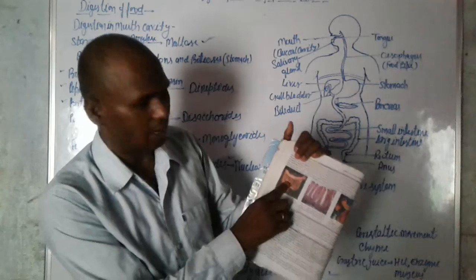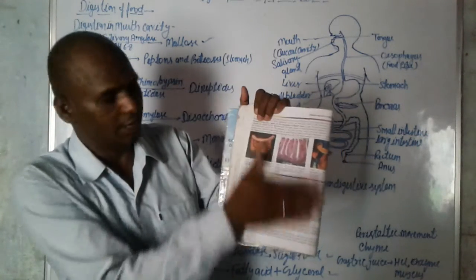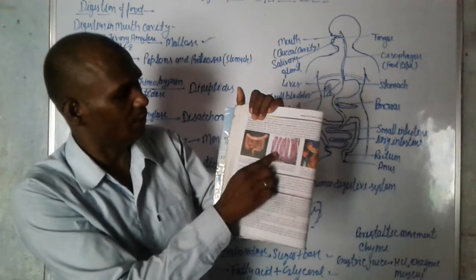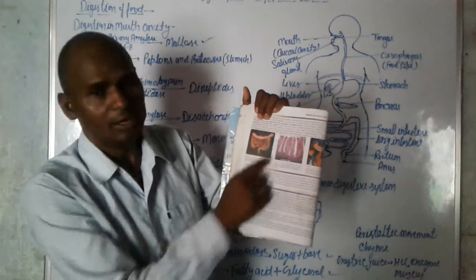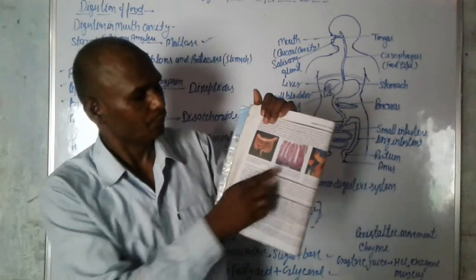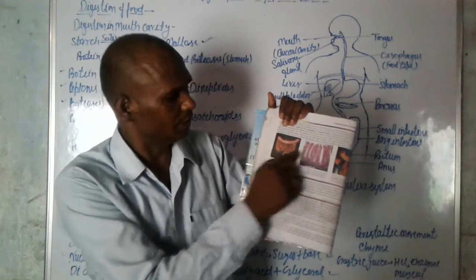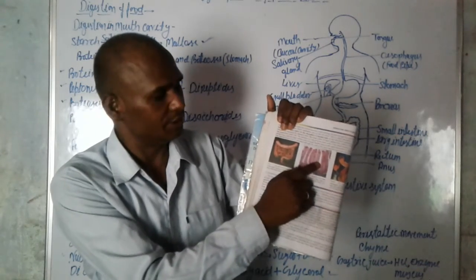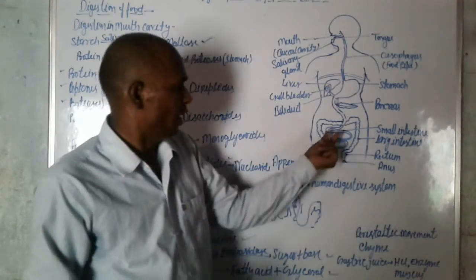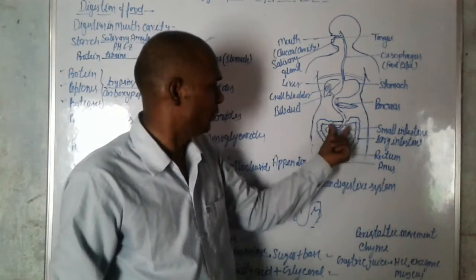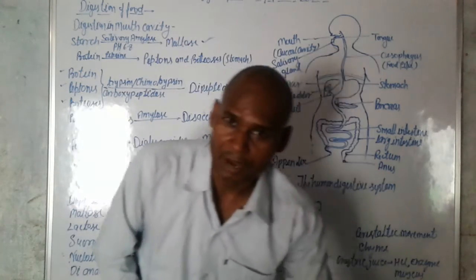This is a longitudinal section of the small intestine, and you can see there are millions or billions of microvilli inside the small intestine. So digested materials are absorbed by the small intestine.